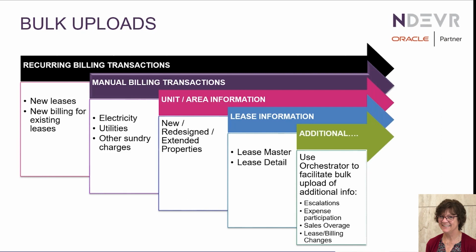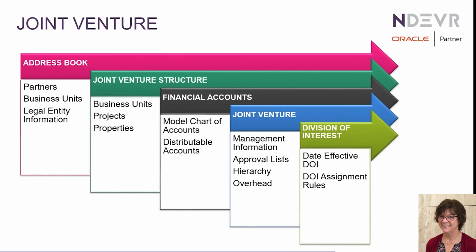This is something I'm particularly excited about, the Joint Venture submodule. It was delivered in 9.2, and it is a submodule of the financials. It comes as part of your financials, so there's no extra license fee involved. If you need joint venture processing, you simply download the ESU and away you go.